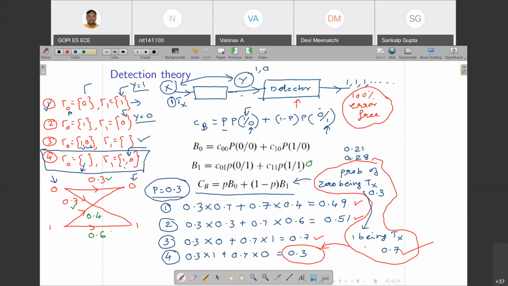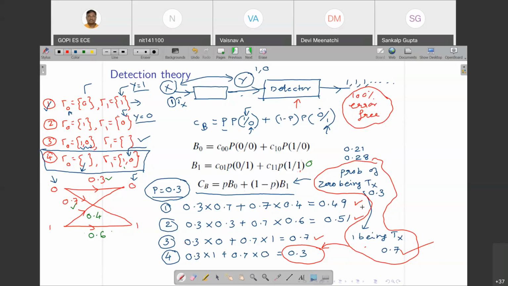So this all depends upon the probability of 0 being transmitted from the transmitter. If it is equiprobable, then it is a deal, right? If it is 0.5, 0.5, then it matters. But here the probability of 0 being transmitted and 1 being transmitted has a bias, right? So 1 is transmitted more.